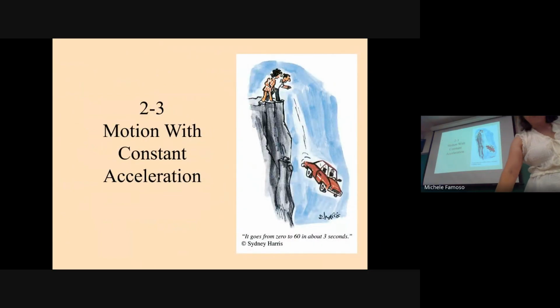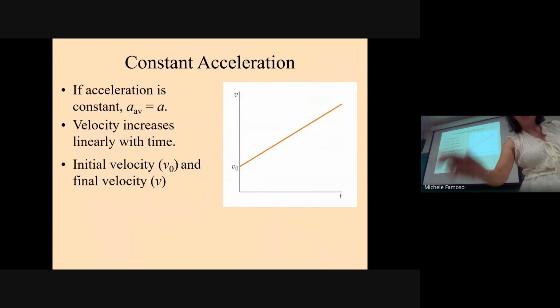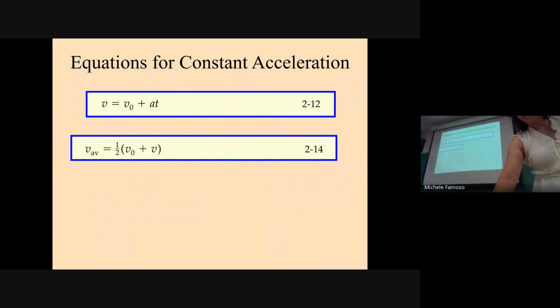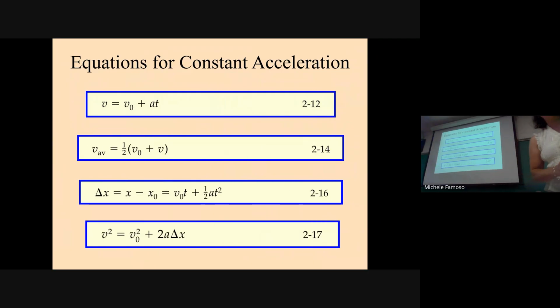Let's go back to what we talked about last year, constant acceleration. If your acceleration is constant, your average and instantaneous accelerations are the same. So your velocity could increase linearly with time if you have a positive acceleration. Your initial velocity is going to be v0, the velocity at time 0. Your final velocity at some arbitrary time is just v. So these were the equations we saw last year in Regents physics, but they're written with the AP physics variable letters.